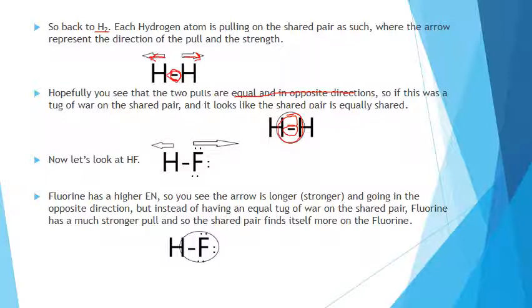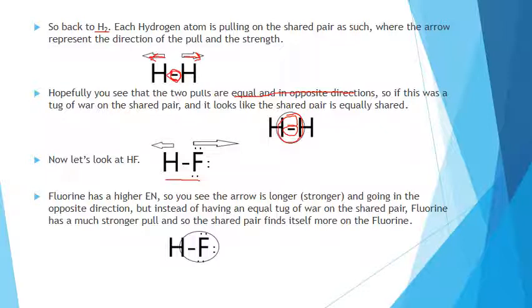Okay. Now let's look at HF, hydrofluoric acid, or hydrogen fluoride. Now, fluorine has a higher electronegativity than hydrogen. In fact, it has the highest electronegativity of any atom.